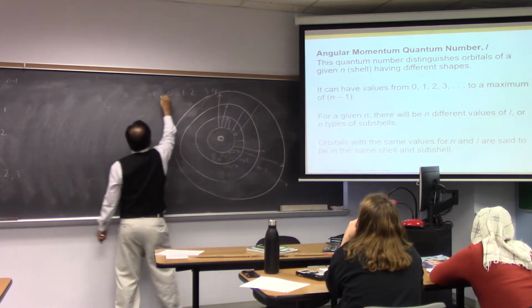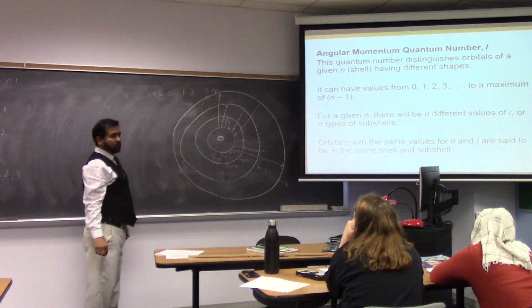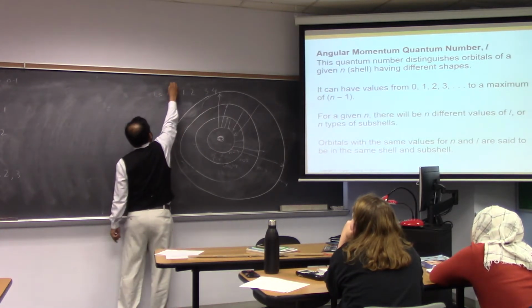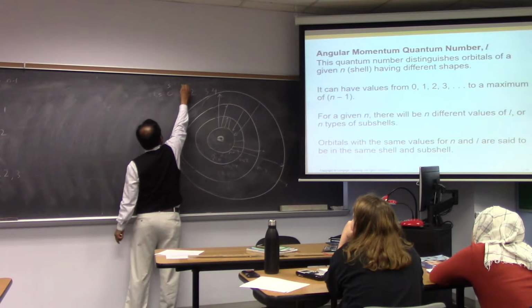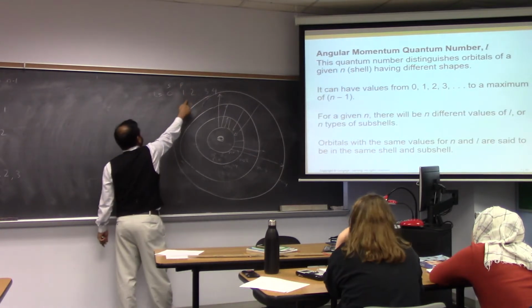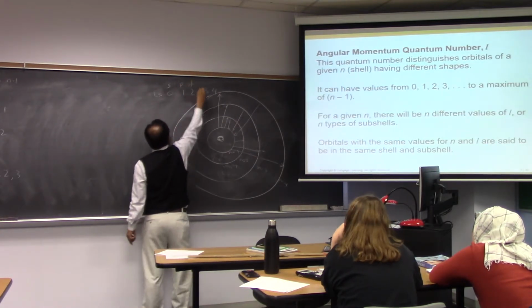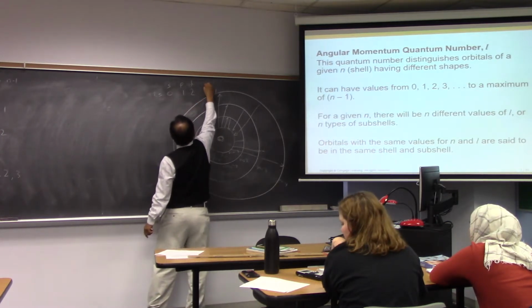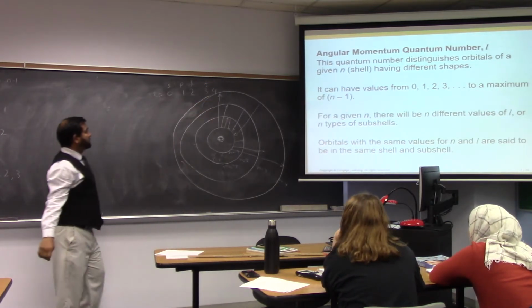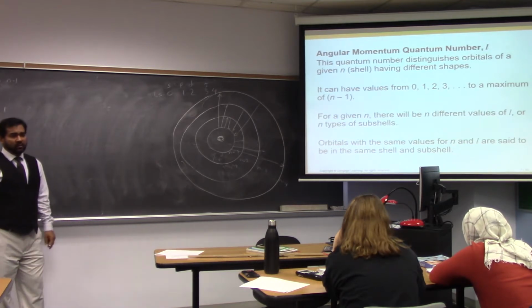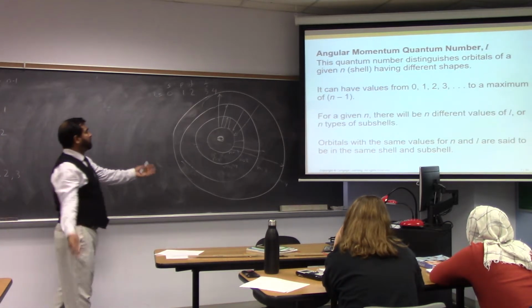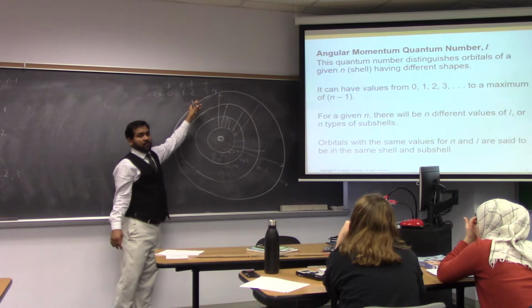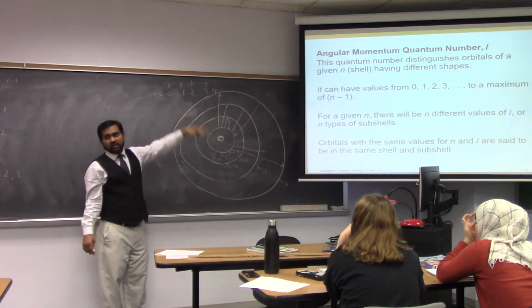If l equals 0, it's an s orbital. 1 is a p orbital, and if l equals 2, that's called a d orbital. l equal to 3 is an f orbital. See? s, p, d, f. So if the l value is 2, that means I have a d orbital in there.